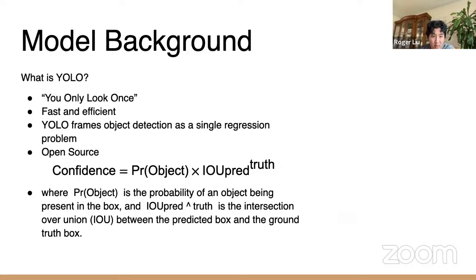YOLO can be used in many things, such as sports, autonomous driving, surveillance, and medical imaging. In this specific case, we're using it for player detection and tracking. This helps analyze player movements, formations, and interactions.